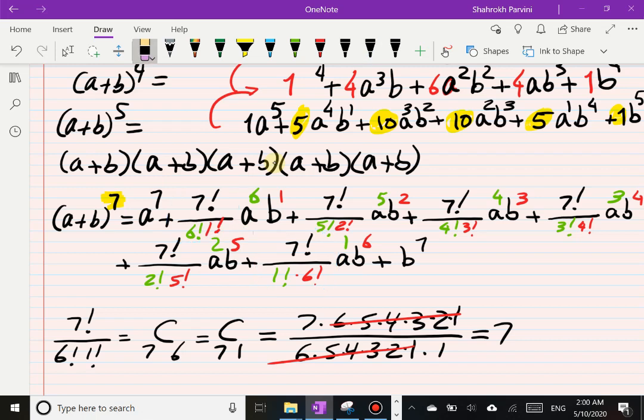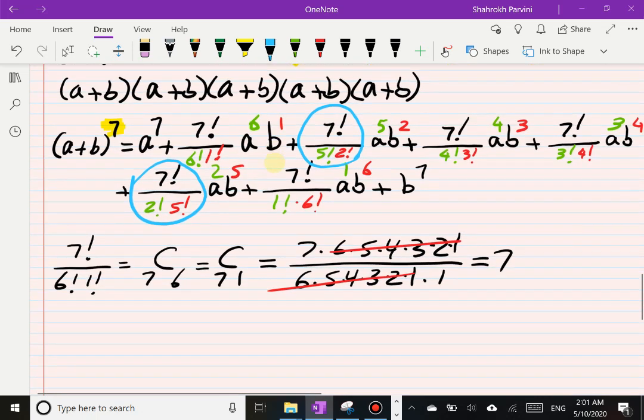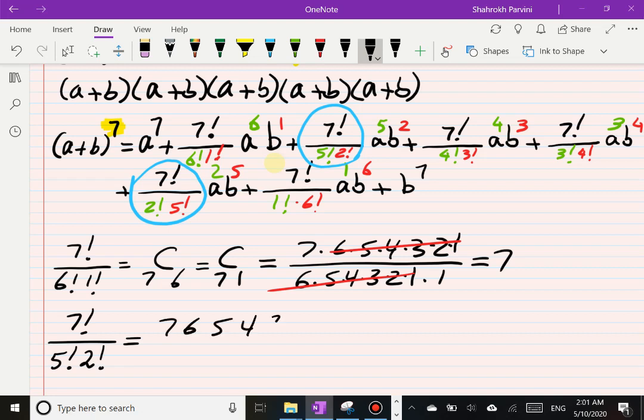Okay, now let's move on to the next fraction. This fraction and this fraction are going to be exactly the same. True? Let's try those. That's going to be 7 factorial divided by 5 factorial 2 factorial, which means 7·6·5·4·3·2·1 divided by 5·4·3·2·1 and then 2·1.